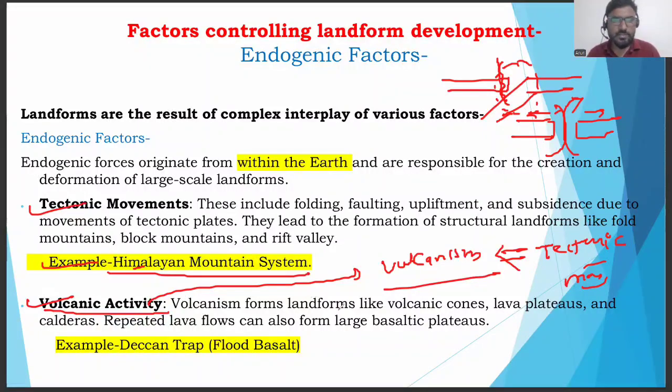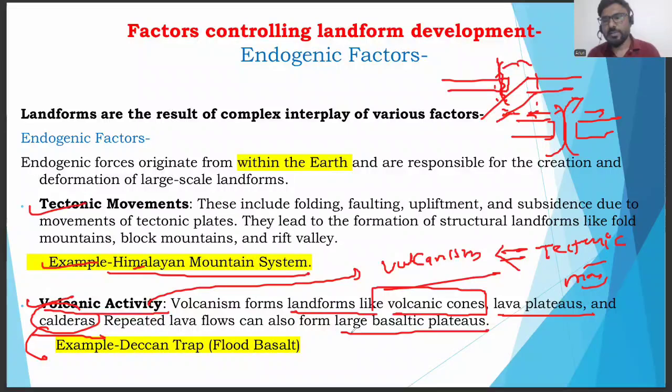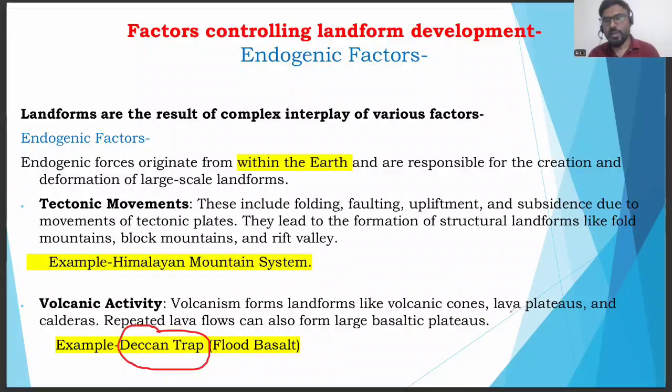So volcanism forms various landforms. Volcanic cones are formed, lava plateaus are formed, even caldera type of volcanoes are formed. We will be discussing the different types of volcanoes in the coming lectures. Even repeated lava flows can form a large basaltic plateau. Friends, the Deccan Plateau is a very important example of flood basalt lava.